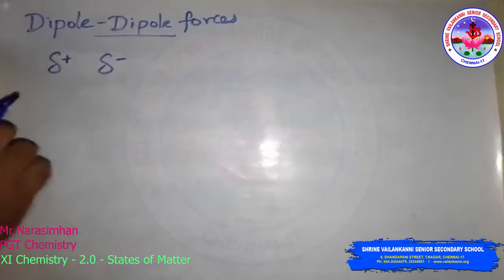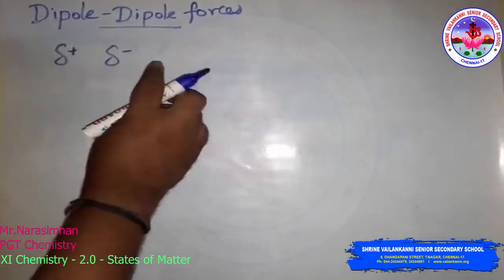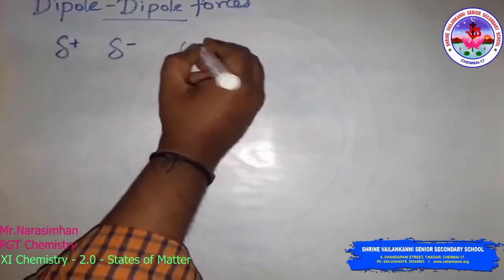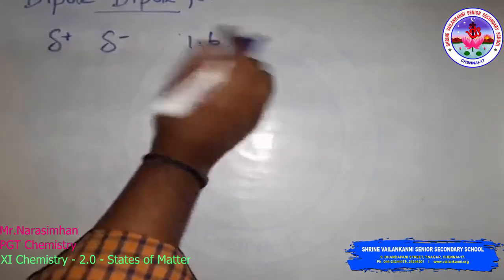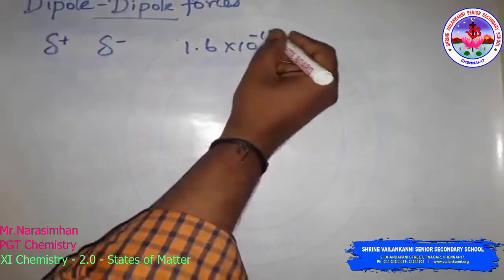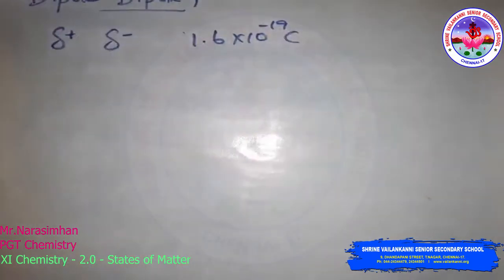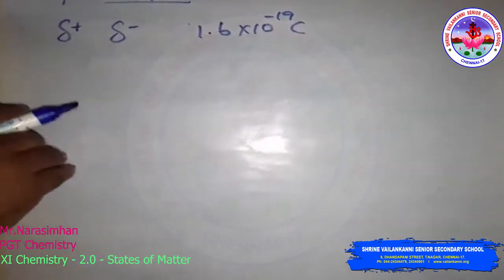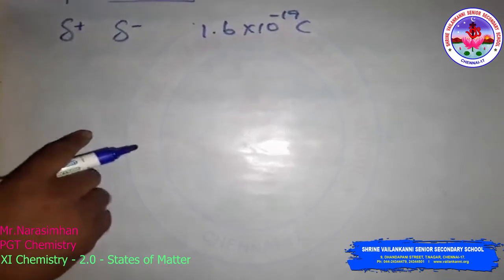The partial charges are always less than the unit of electronic charge, that is 1.6 into 10 power minus 19 coulombs. Here the polar molecule interacts with the neighboring molecule.